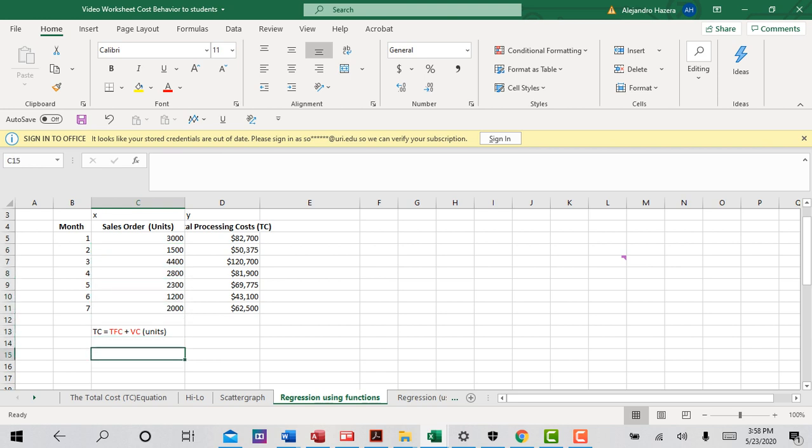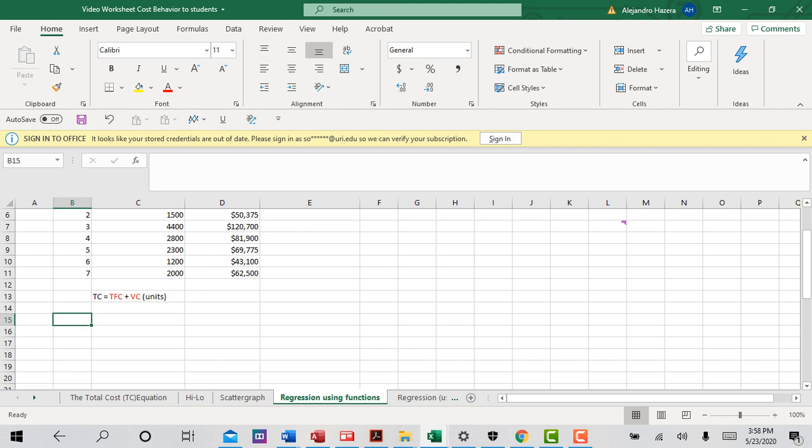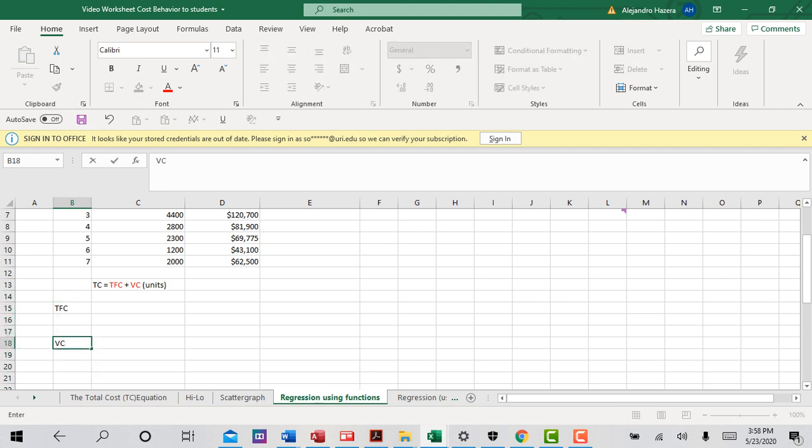Now in regression, Excel does regression for you. What Excel does is it can build this line for you using different functions. So I'm going to start by estimating, using Excel, our total fixed costs, and I'll also estimate the variable cost per unit.